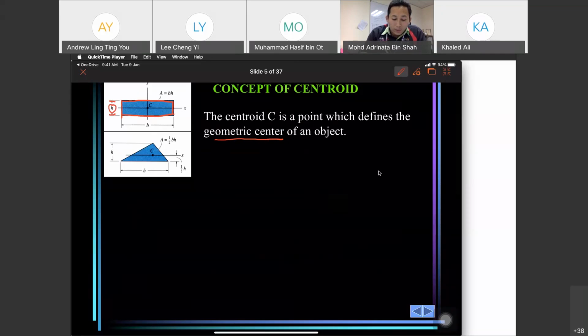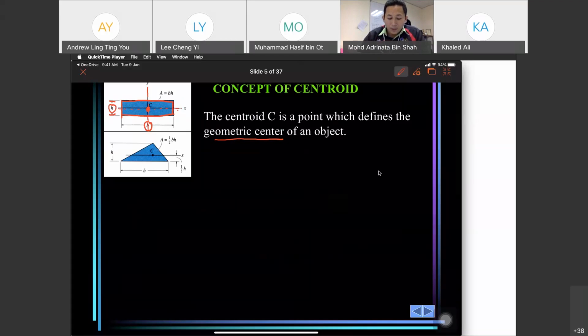So we have the centroid at half of the height. And for b, for the base, this is the line. So the intersection of x and y is the center of gravity.